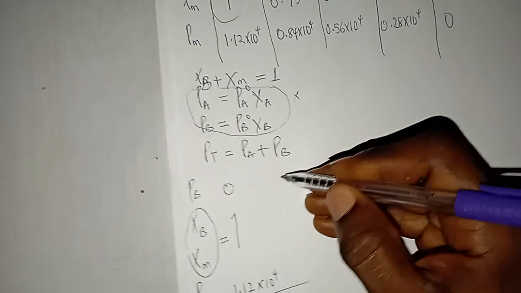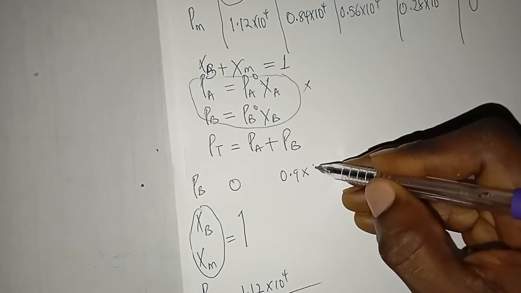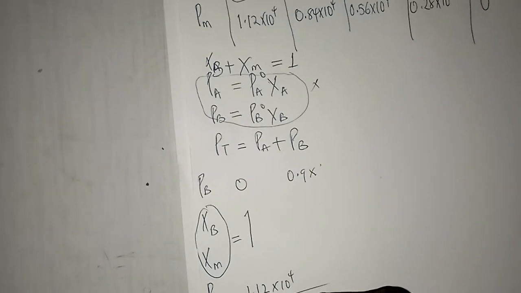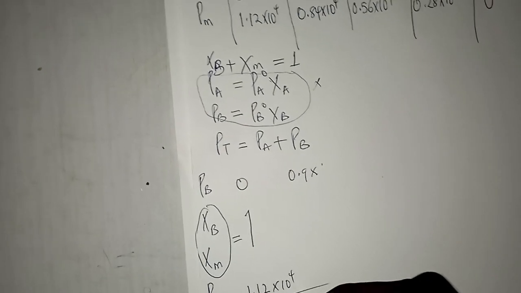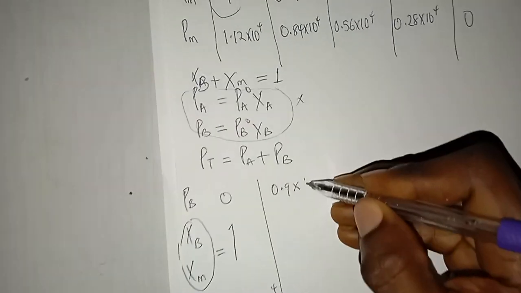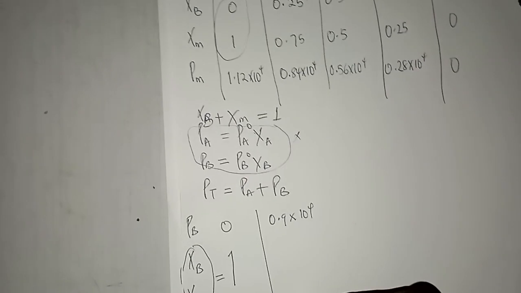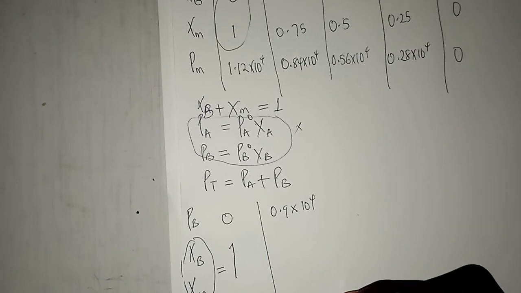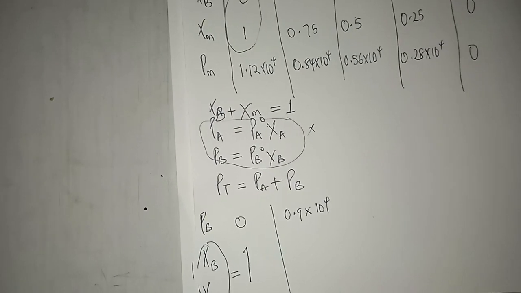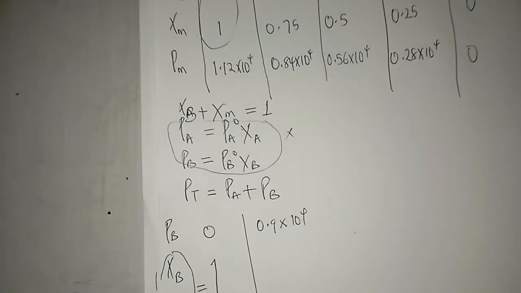So the next one is 0.9 times, if you add this up, this gives you 1.12 times 10 raised to the power 4. So then we have the next one times 10 raised to the power 4. Then we have 0.84 times 10 raised to the power 4. So all you have to do is just add it up.